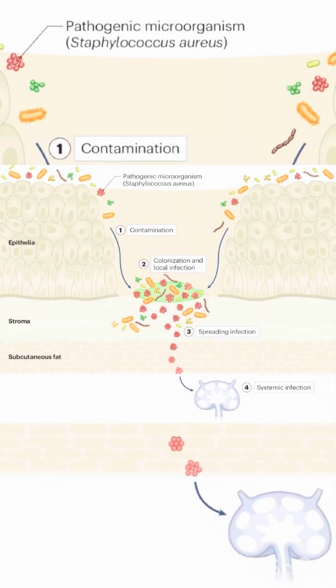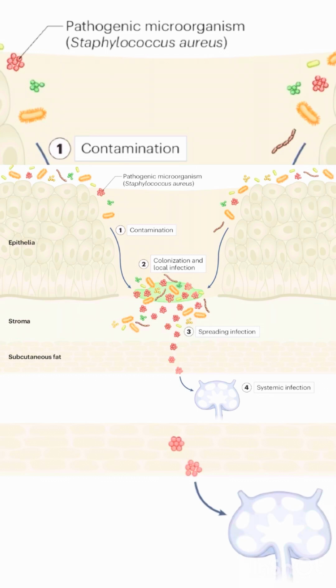You can see by the image how the skin flora as well as other pathogenic substances can infect a wound. So you can see the epithelial layer of the skin, which is the top part of the skin, and you see the normal flora that is on top of the skin, as well as a potential pathogenic microorganism.